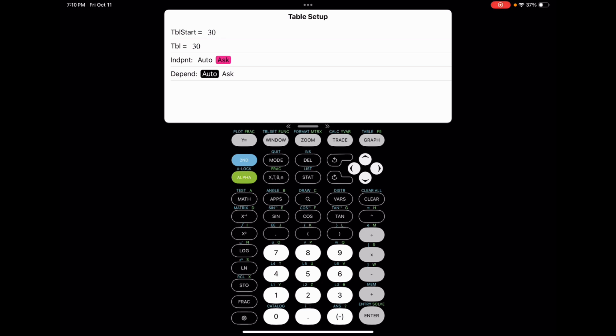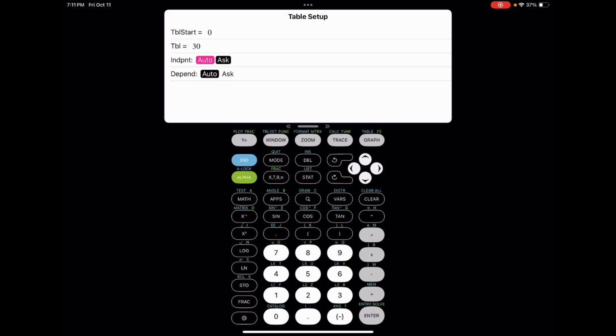Table starts from 0, then you scroll down and set it to add 30 every time. Then scroll down to independent and say ask, because if you say auto, it will fill in automatically.